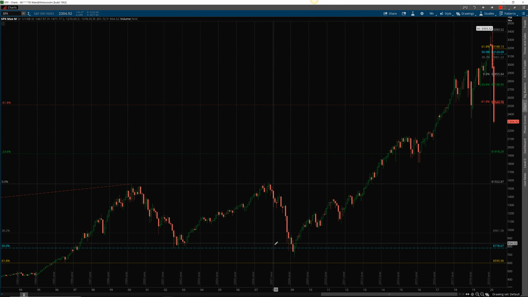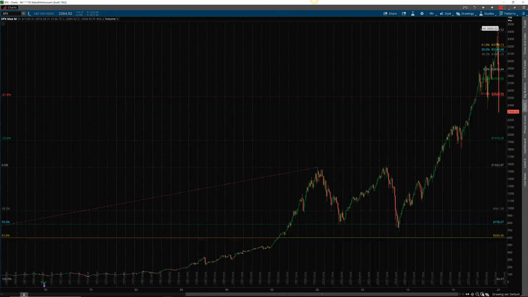But the market once again did not bottom until the market was cut in half. So this happened in 2002. When the market got cut in half, this happened in 2009.